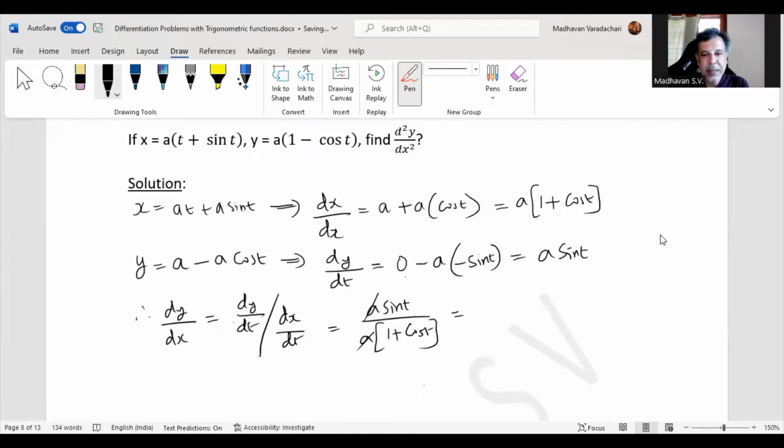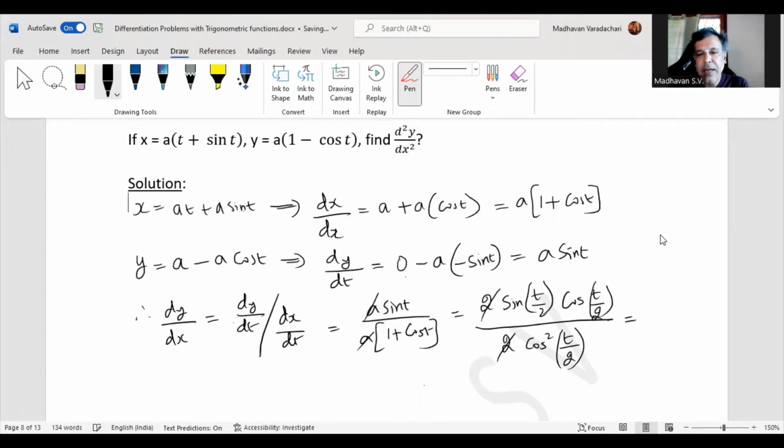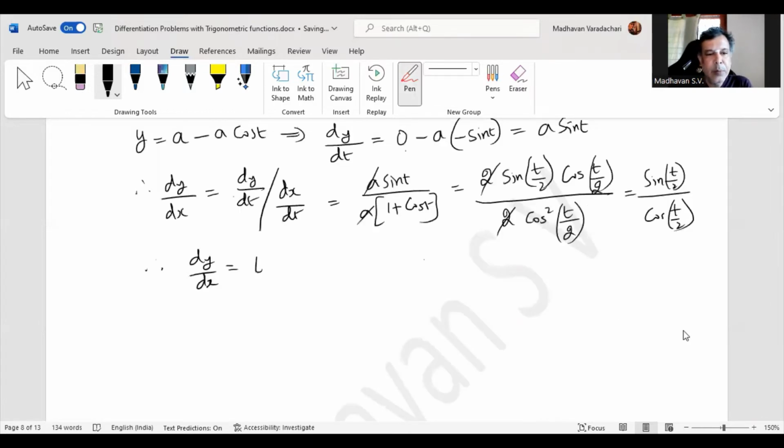Now sine t can be written using our trigonometric identity as 2 times sine t by 2 times cos t by 2 divided by, similarly 1 plus cos t can be written as 2 times cos square of t by 2. So this 2 and 2 gets cancelled and 1 cos t by 2 gets cancelled. We get the sine t by 2 divided by cos of t by 2. So therefore, dy by dx is nothing but tan of t by 2.